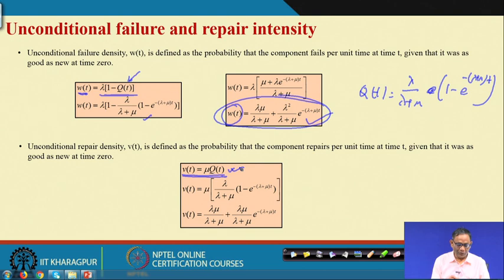Okay. So, earlier I said that these are all intensity. So, you write intensity. So, unconditional repair intensity is mu into this. Now, mu is known, q t is known. So, this is your equation.